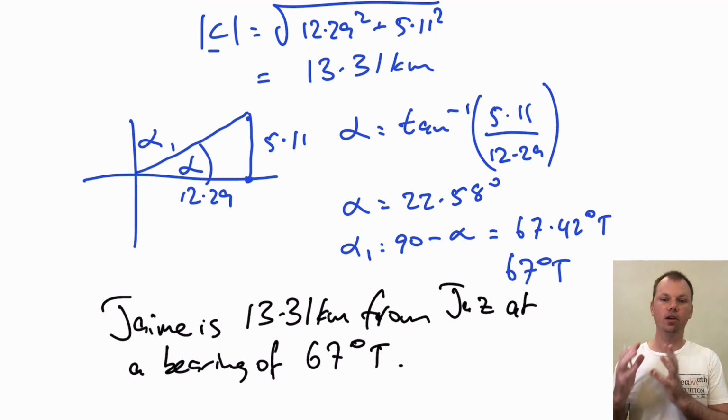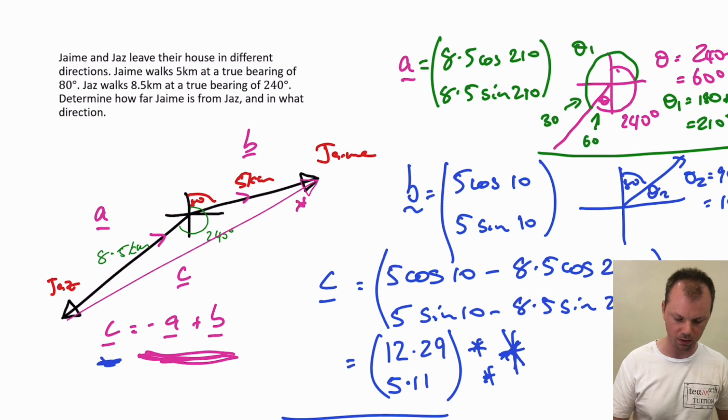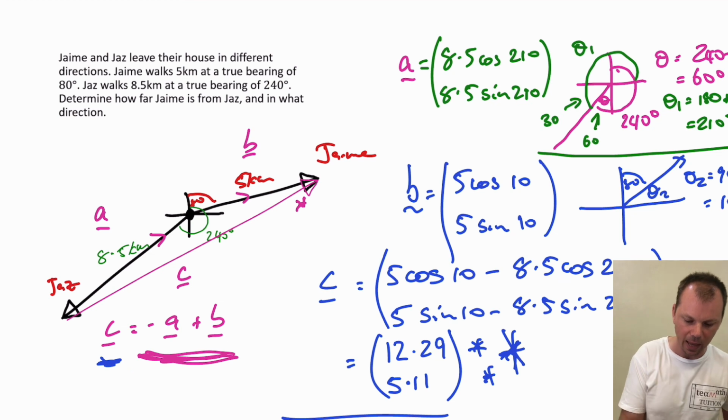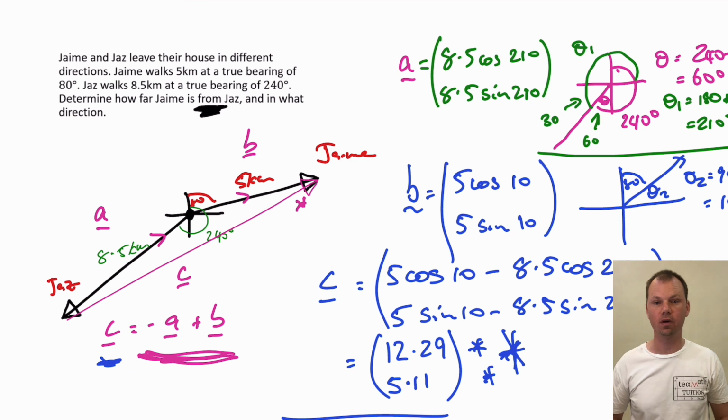So again, very similar to the previous one. The main difference is the wording of the question and that they're both starting at home from the same location and making sure that you're getting your vector in the right direction.